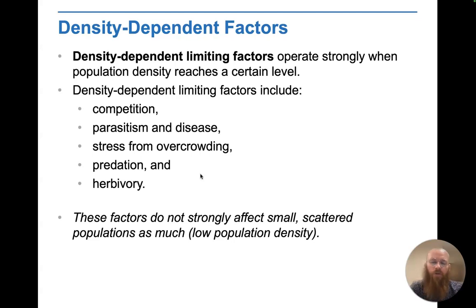And it's important to note that these density-dependent factors won't strongly affect small or scattered populations nearly as much, right? So again, as population density increases, so does the effect of the limiting factors that we've identified here on this screen. And as density decreases, the effect of these factors is going to decrease as well.